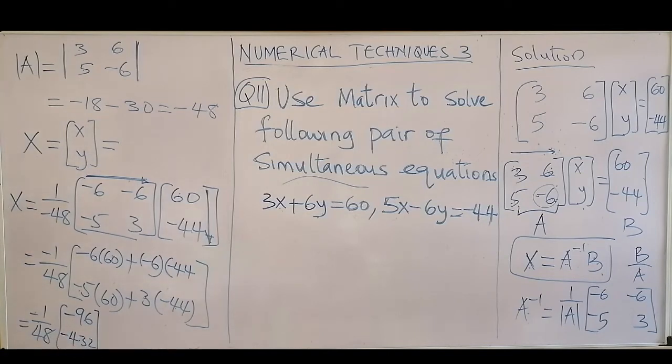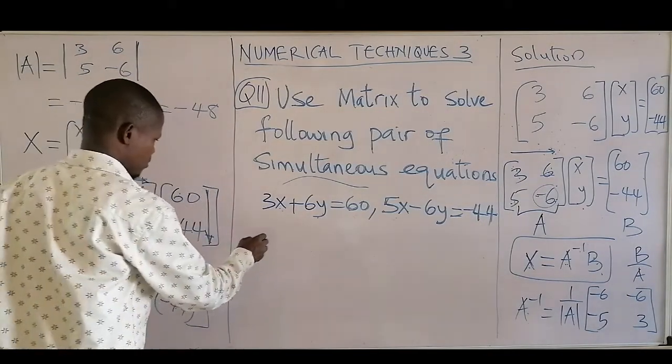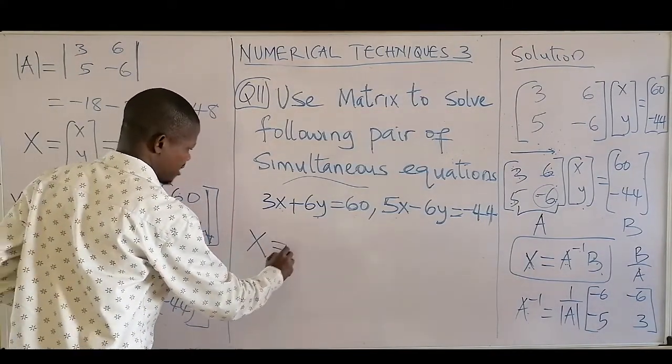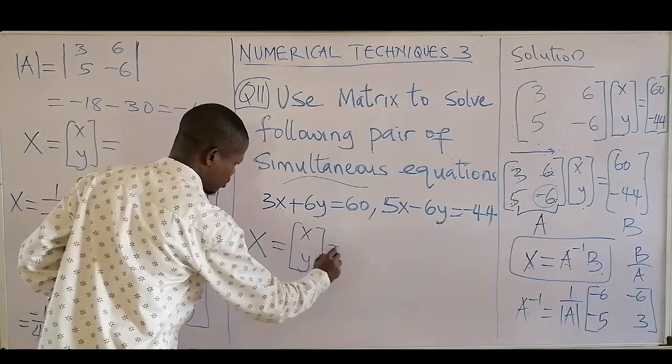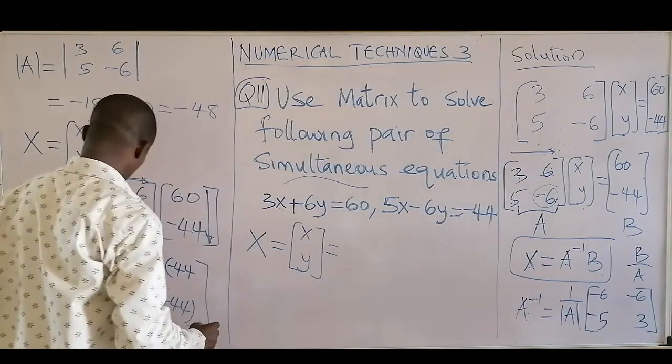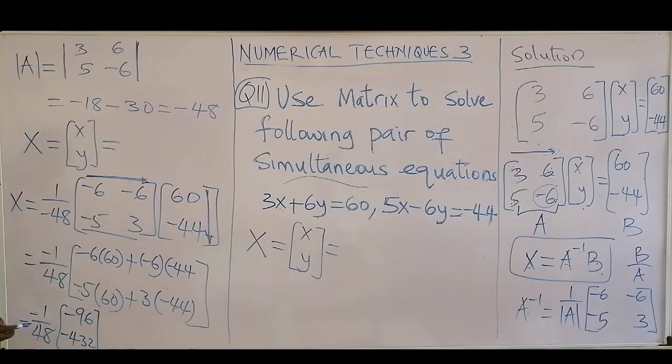So we now have a column matrix equal to this. We are going to divide each one here by this 48. Minus times minus becomes plus. So 96 over 48, that's 2.